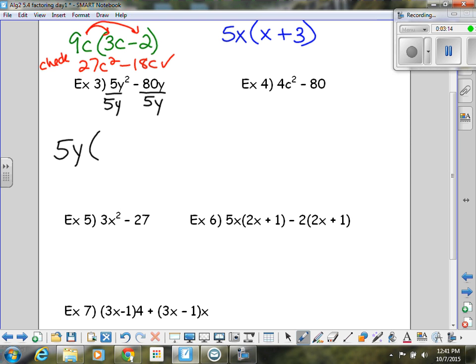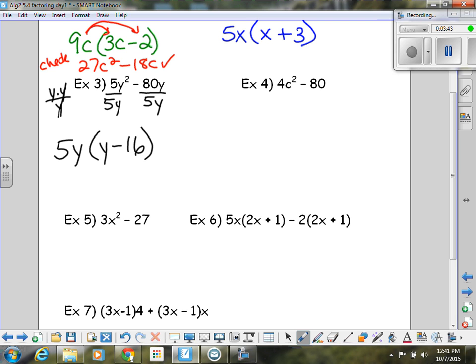And y squared divided by y, remember that y squared means I have y times y. And if I'm dividing by y, only one of those cancels. So that's why I have just one single y left. Same thing with the 5 and the 5, those cancel. So in the next one, I have negative 80 divided by 5. That would give me negative 16. And again, the y's cancel, so there is no more y left.